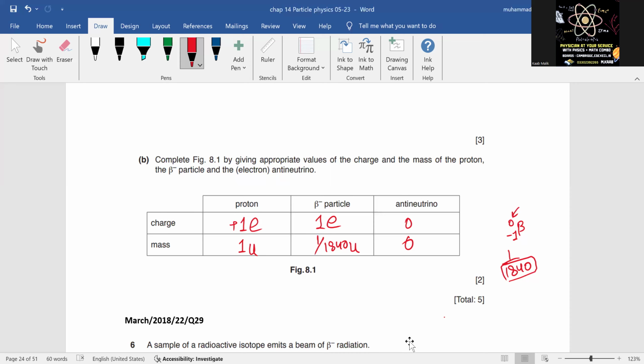An electron also experiences a gravitational force, like the proton and neutron. Isn't beta negative just an electron? Yes, it is. So electrons feel the gravitational force, which is why they have a mass, but a very small one. They experience a weaker gravitational force compared to protons.